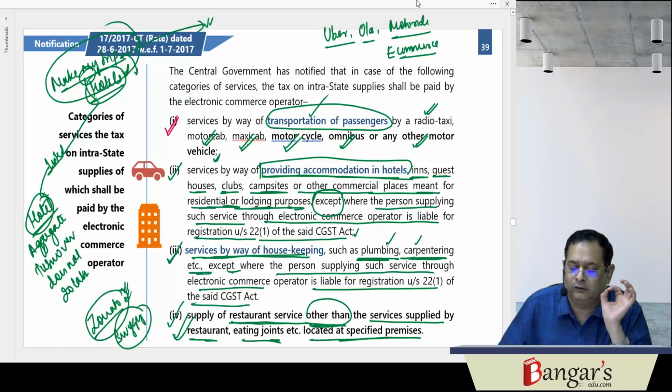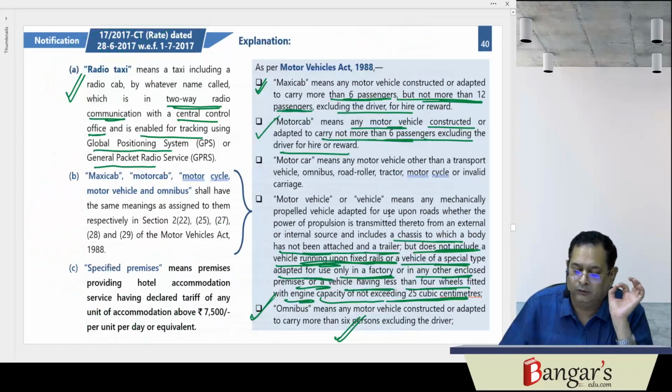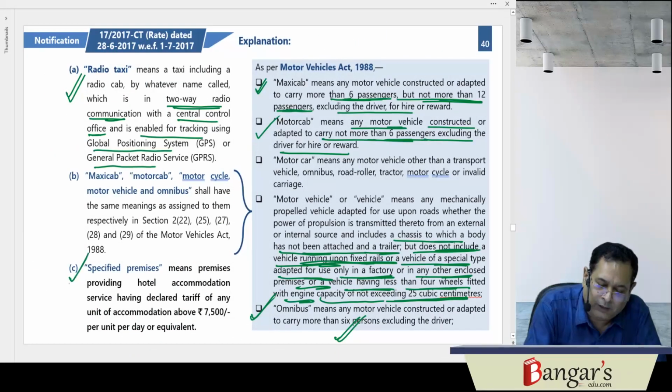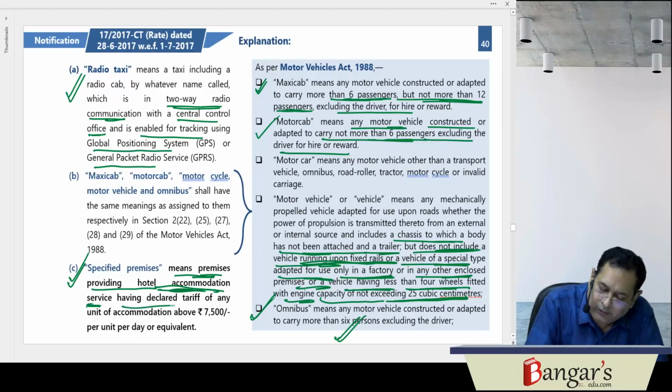Now what is a specified premise? Specified premise basically means the premises providing hotel accommodation service, having a declared tariff of any unit of accommodation above 7,500 per unit per day or equivalent.